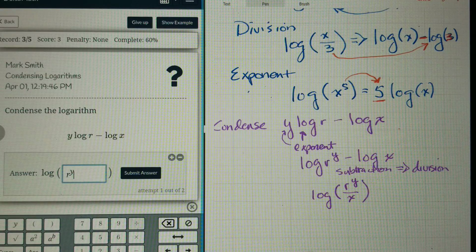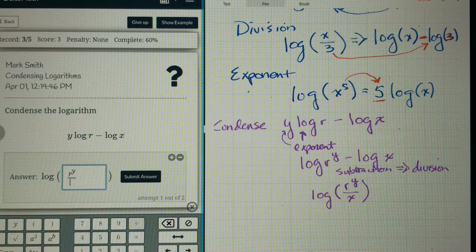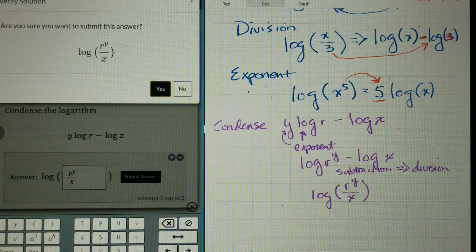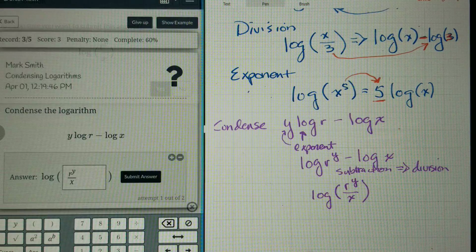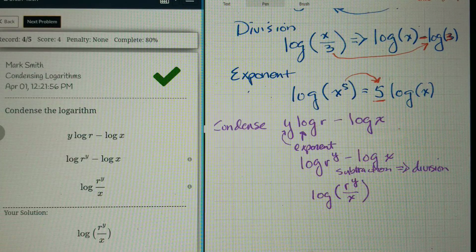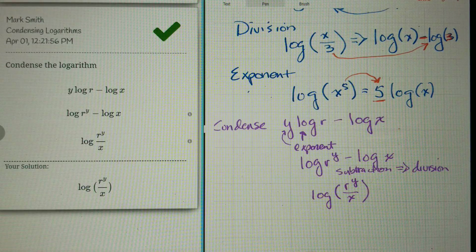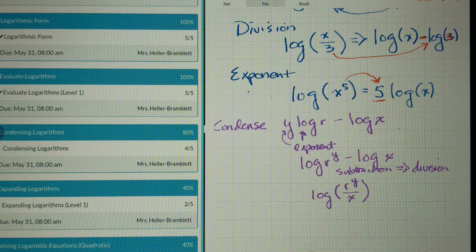Then we hit divide, and that makes it into a fraction. We put x on the bottom, and then we say submit answer. Now we compare that to what we have over here. We have log r to the y power over x. Yes, that's what I want. And it worked. Awesome. That's an example of condensing.